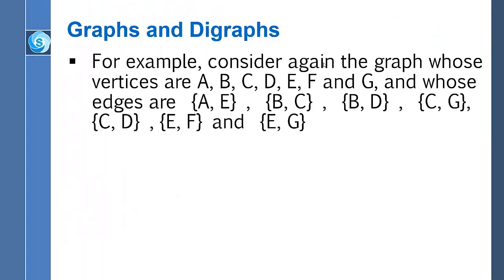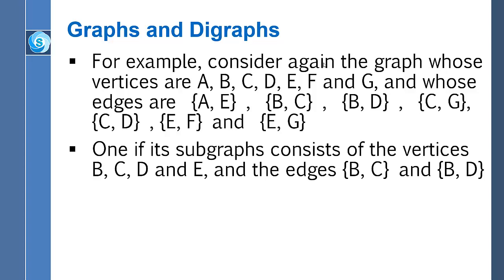So, as an example, let's consider the graph whose vertices are A, B, C, D, E, F, G, and whose edges are these ones right here. One of the subgraphs of that graph consists of the vertices B, C, D, E, and the edges BC and BD.